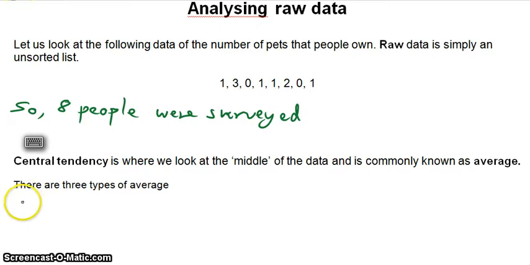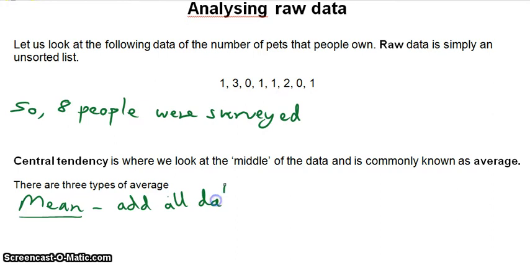So let's have a look. What types of averages are there? Well, the one that most people think of is the mean. When people think of an average, they think of this: you add them all together, and then what?